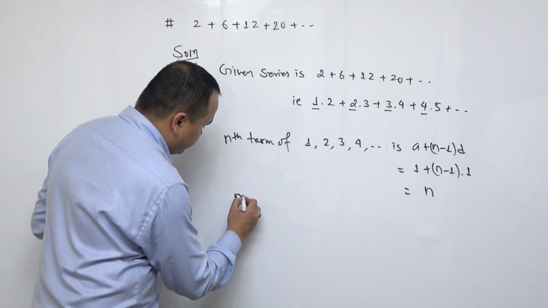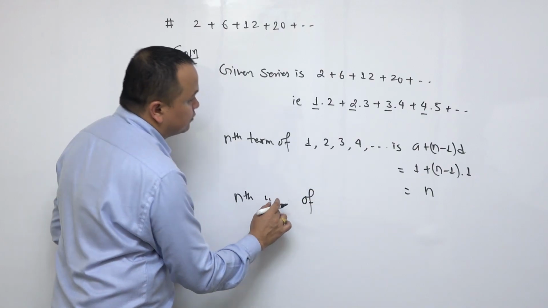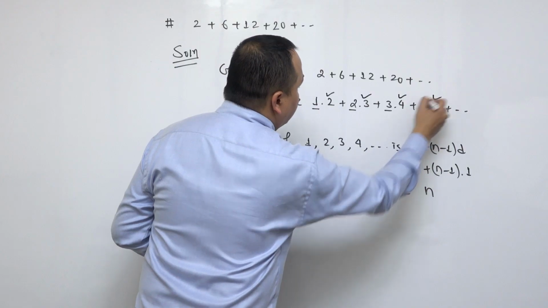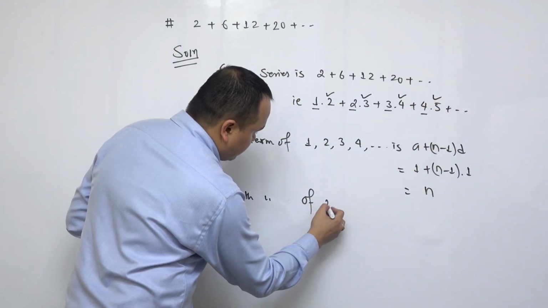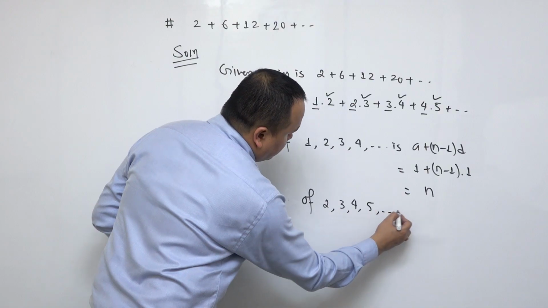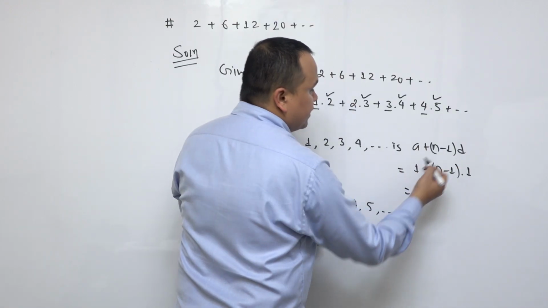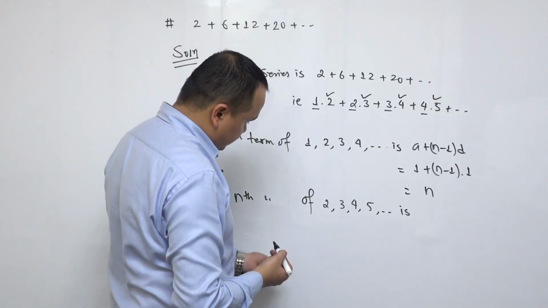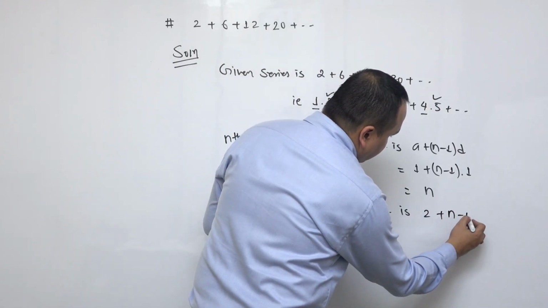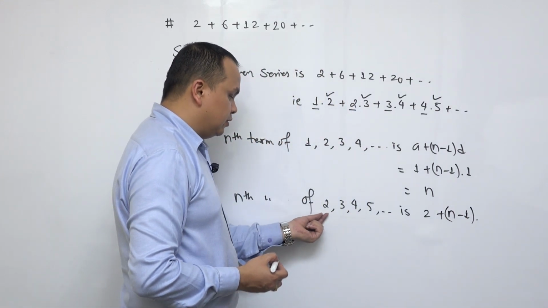Similarly, the nth term of 2, 3, 4, 5 is, again, the formula a plus (n minus 1) times d, but our a is 2, plus (n minus 1), and the common difference is again the same, 3 minus 2, which is 1.